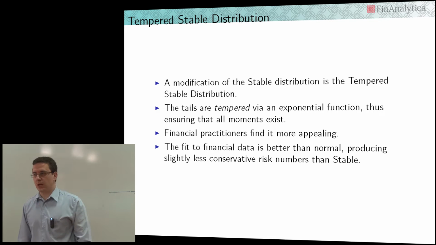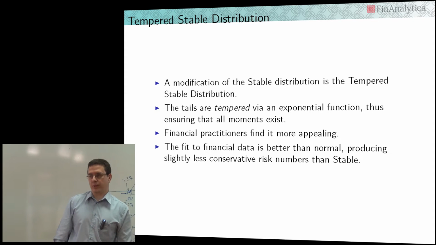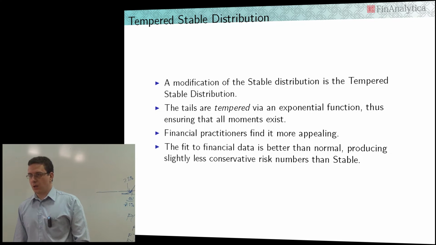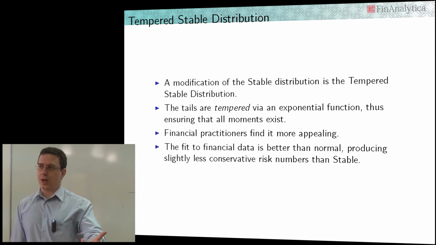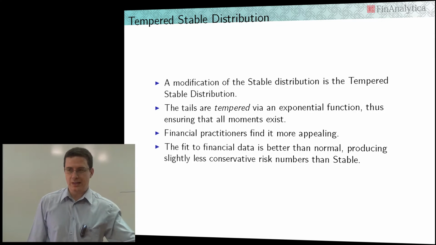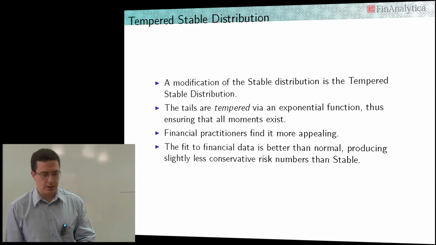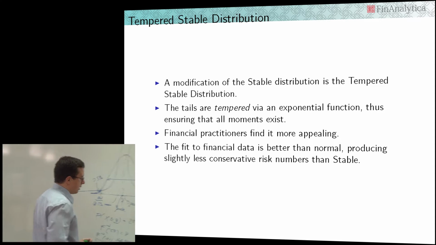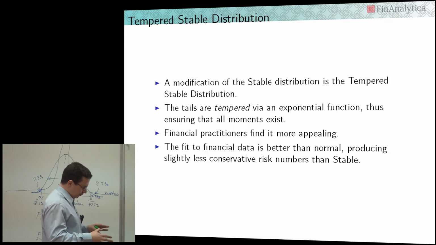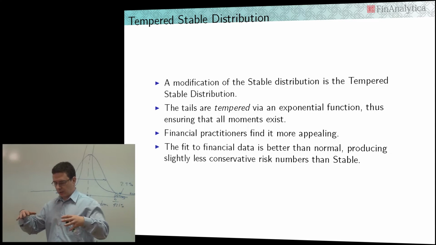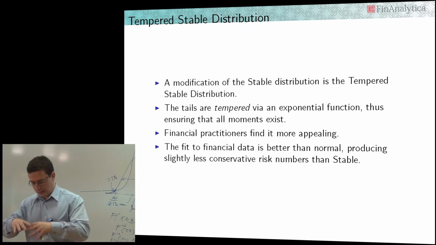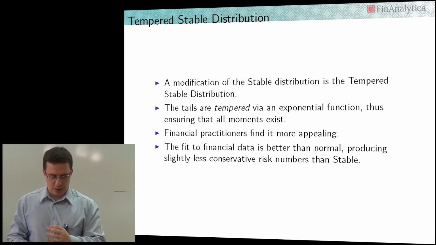So a given stock would not change by 10,000% on a given date, which the stable distribution sometimes predicts could happen in a million simulations. So because we're not seeing that, some work needs to be done, not to actually use the actual stable, but something a little bit more.